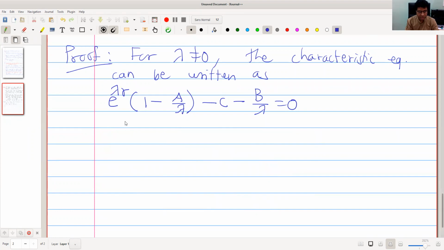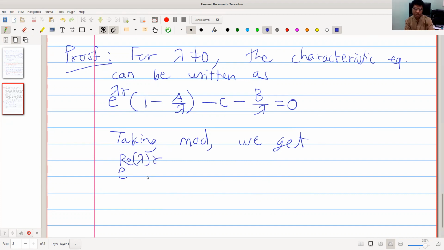We can write this as e raised to lambda r into 1 minus a by lambda equal to c plus b by lambda. Now we can take the modulus, that is the absolute value. What is the mod of e raised to lambda r? It is e raised to real part of lambda into r.